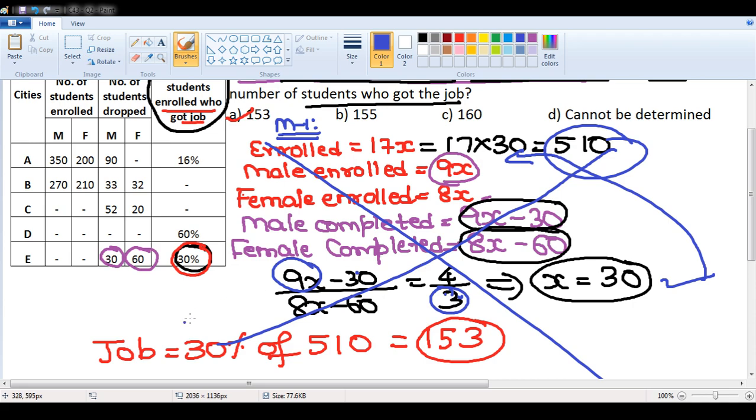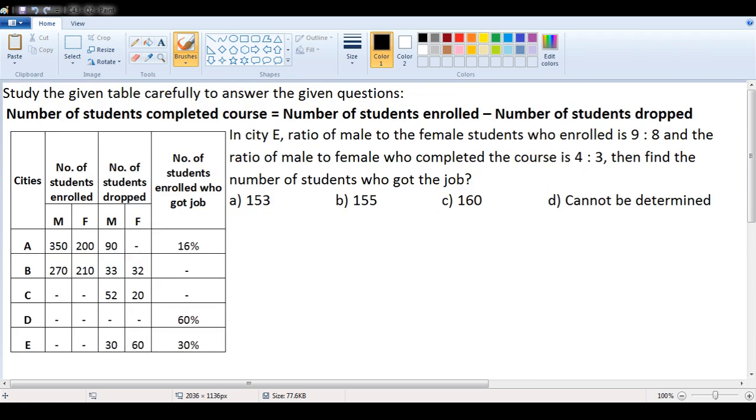Now see here. Let us use a smarter way of solving. I am drafting the question again so that we will use method 2. Now, this is the question. What is the question?